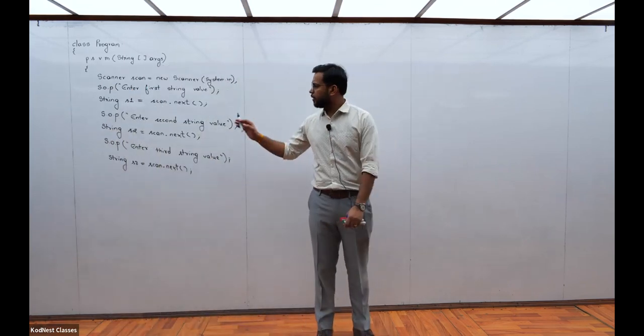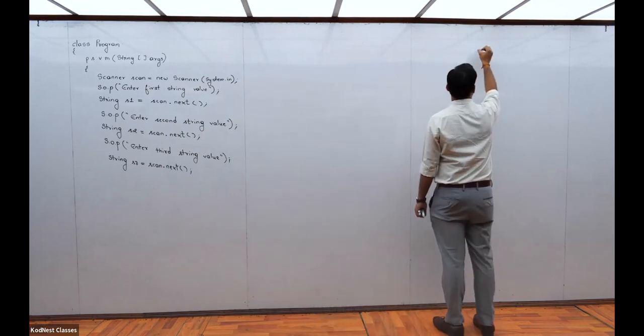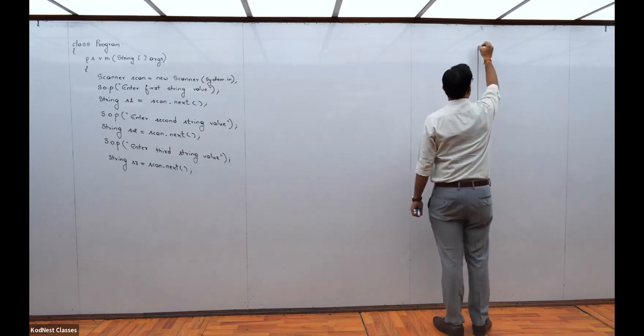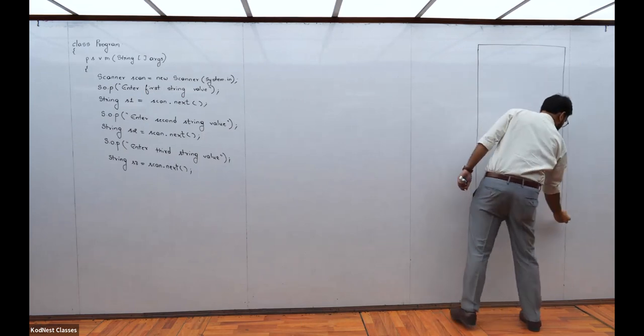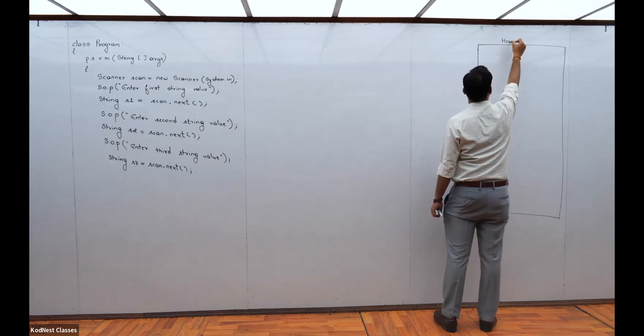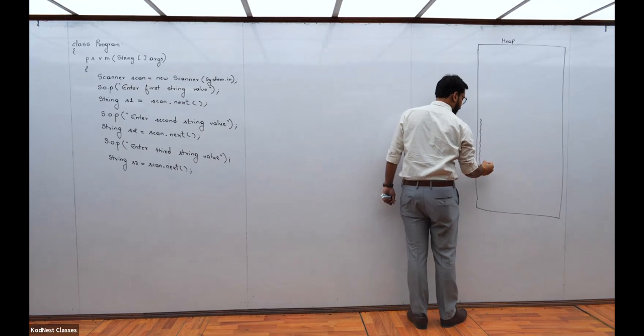Let us understand it from the memory perspective also. So here, maybe this is the heap segment. Inside the heap segment, all the objects will be created.